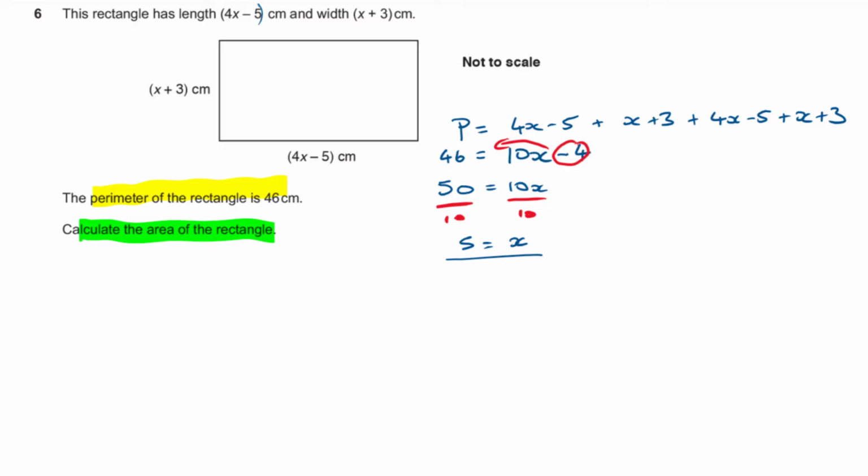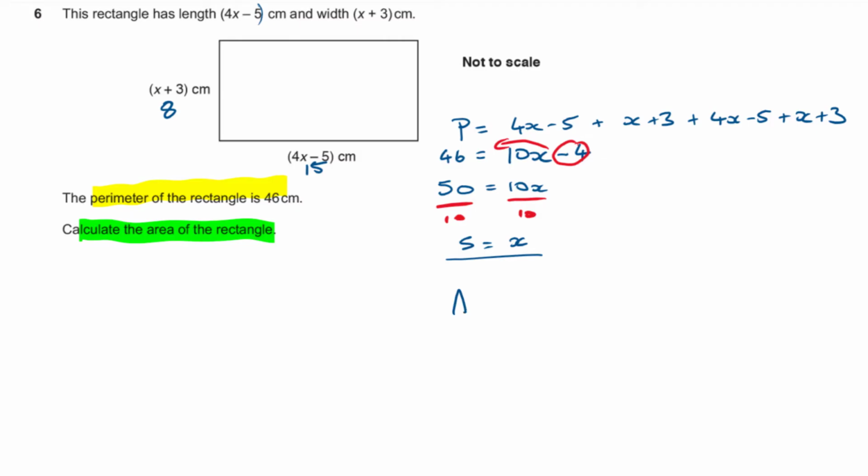Let's just find a numerical value for the length and the width then. So if x plus 3 is the width, then 5 plus 3, that's going to be 8 now, isn't it? Okay, and then 4x minus 5, if x is 5, then 4x is 20, take away 5 is 15. So actually I've got a rectangle of length 15 and width 8.